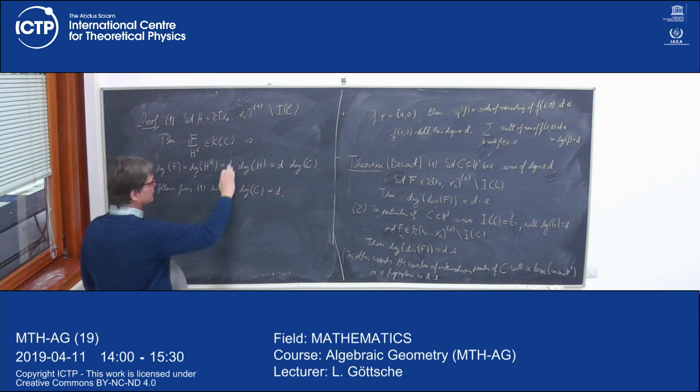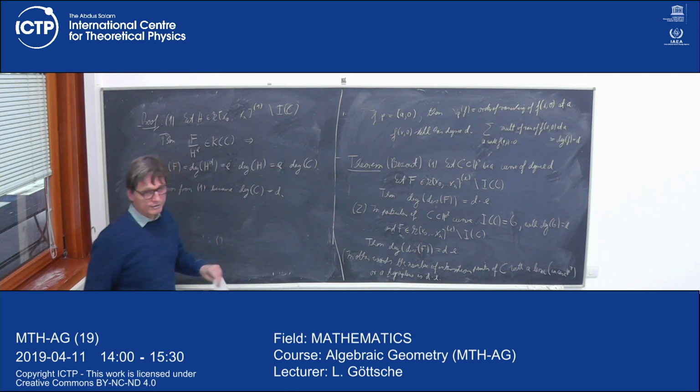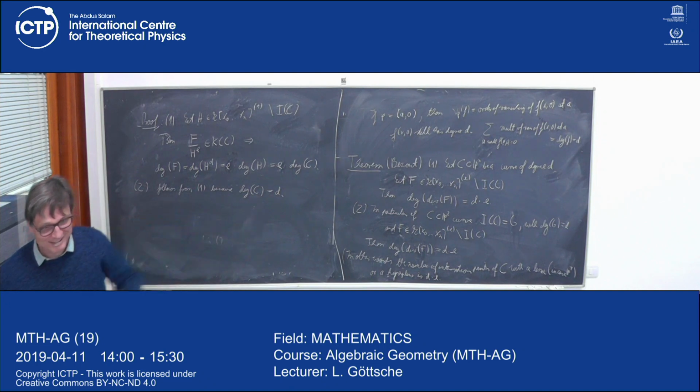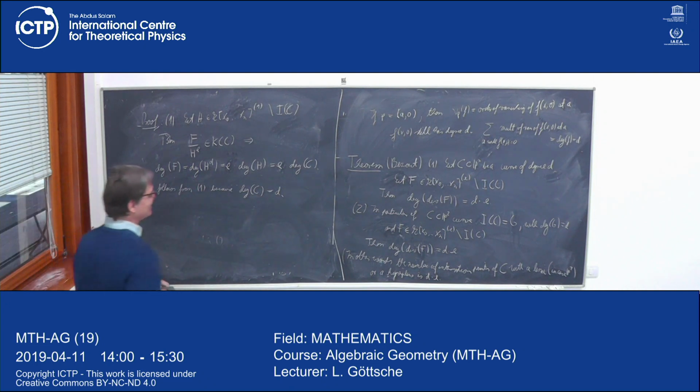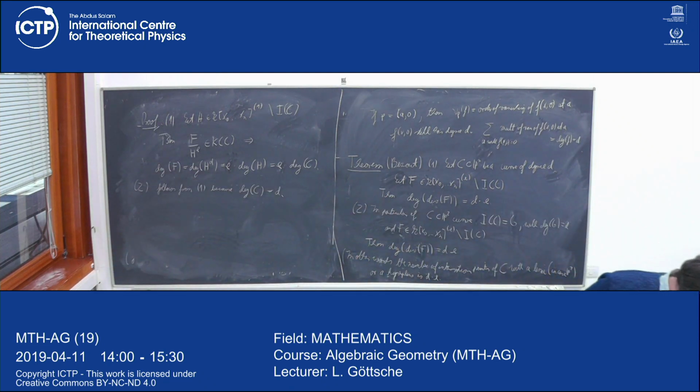So this is E, this is E, and this is E, and the degree of C was D, if we look at what I wrote. Okay.